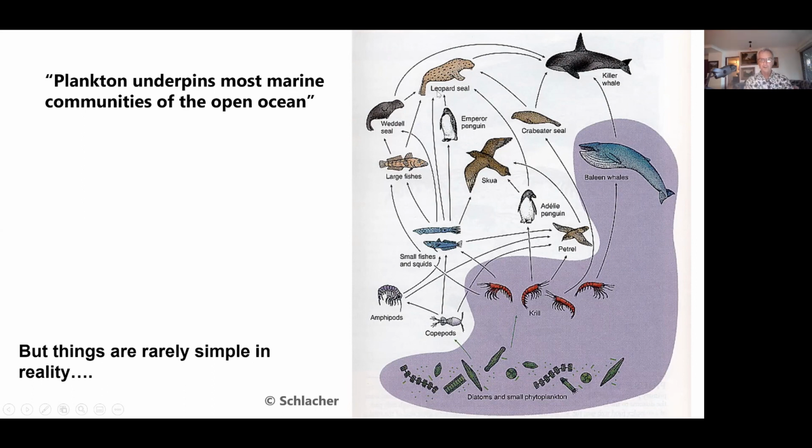And then it goes up to what we call nektonic organisms: whales, seals, birds, fishes, even penguins, and here are sharks, and here's a petrel, and so forth. Essentially, all of those vertebrates have much better movement abilities compared to the plankton.